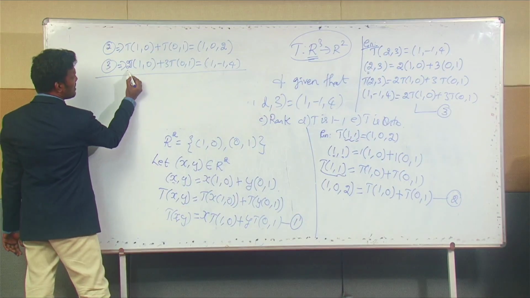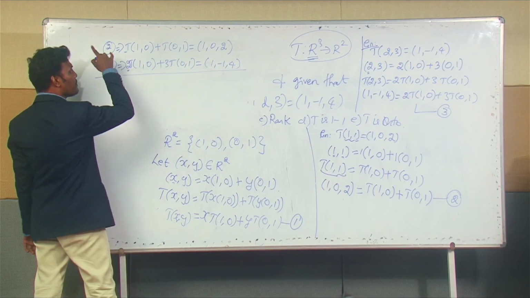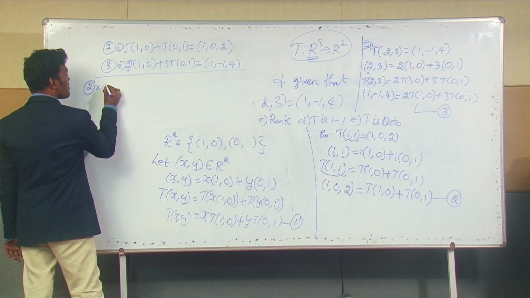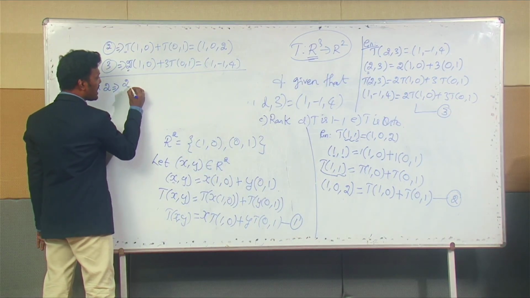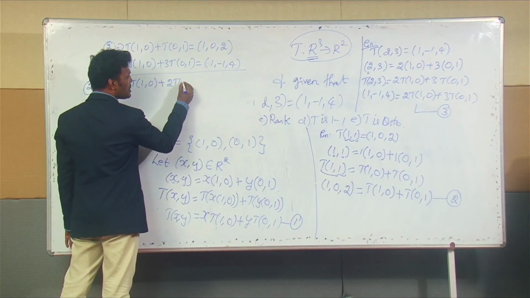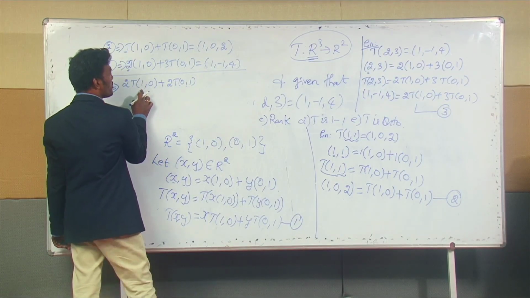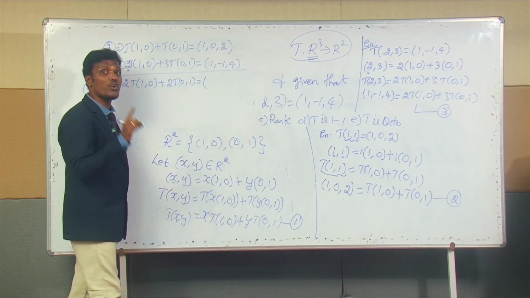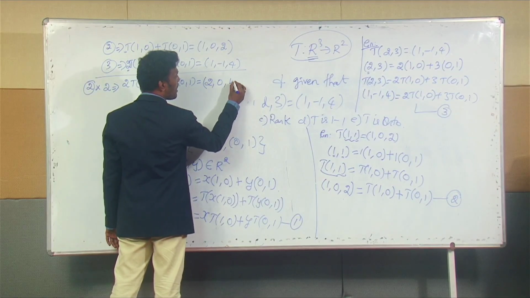Just see here, the coefficient is 2 in one and 1 in the other. So multiply the second equation by 2. What answer do you get? 2 times T of (1, 0) plus 2 times T of (0, 1), and multiplying 2 inside each term gives (2, 0, 4).